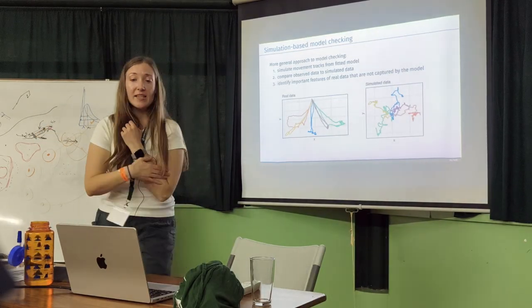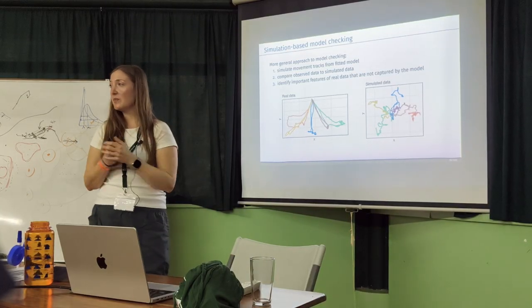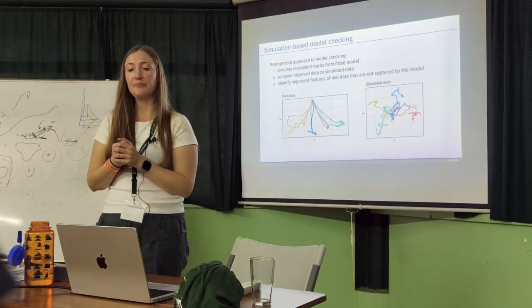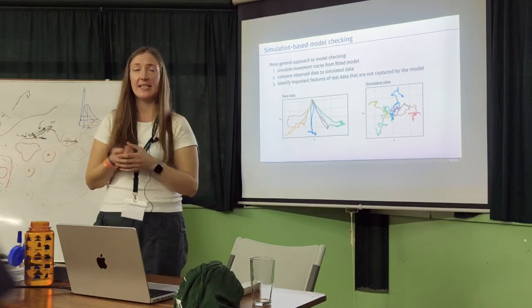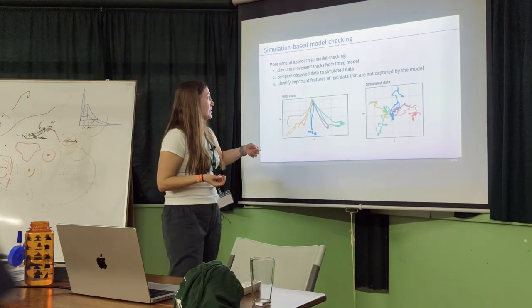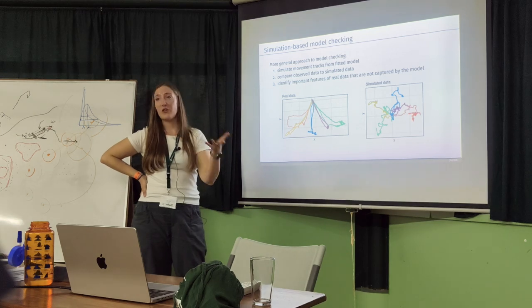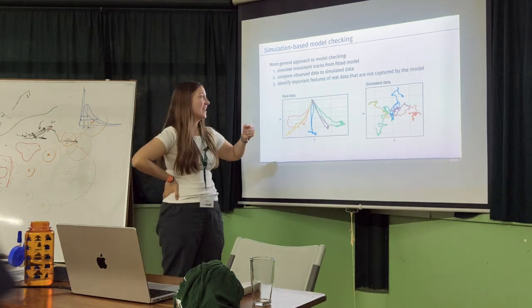Okay, another way that people sometimes do model checking is to use simulation-based model checking. It's basically simulating movement tracks from your model and comparing the observed and simulated data. Sometimes you can see that you're really obviously missing something in your model. Whether or not it's something that you actually care about capturing is maybe another question.